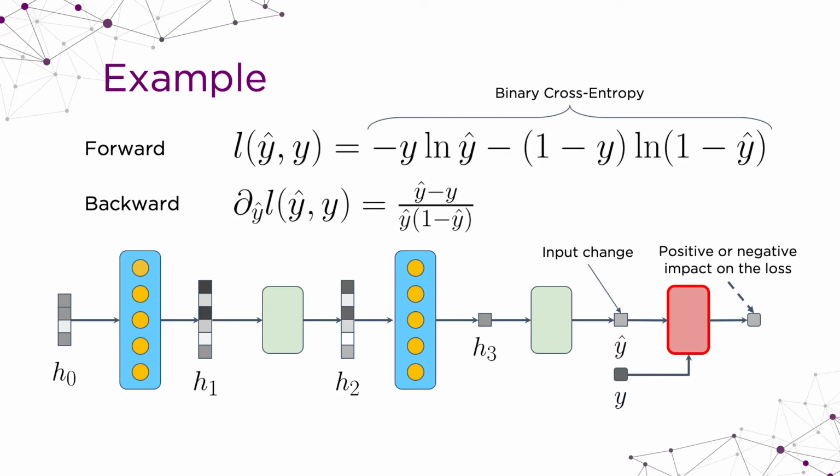And now that I have this information, I can code it in my backward method. There's no parameters associated to this module. So it will take the 2 values here and compute the gradient of the loss with respect to this quantity, with respect to the input.